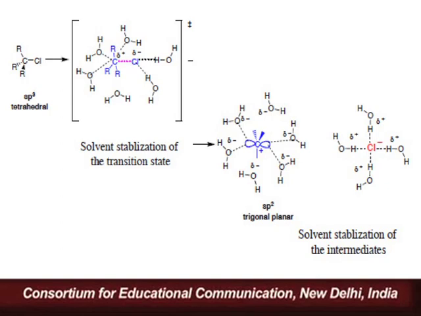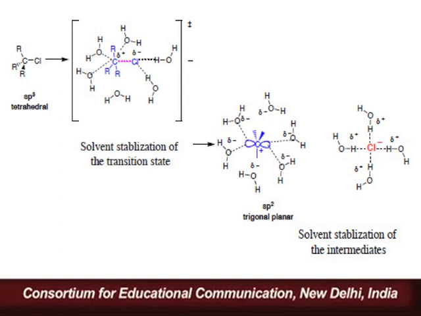The positive charge on carbon is being stabilized by the lone pair of electrons on oxygen, and the negative charge on chlorine is being stabilized by the hydrogen, that is, through hydrogen bonding here.